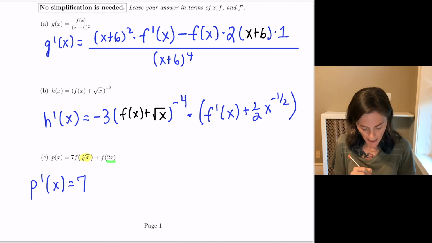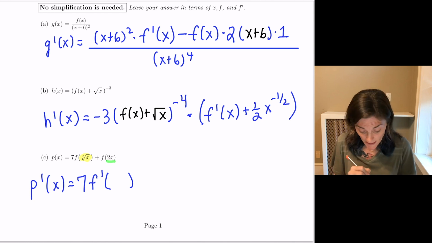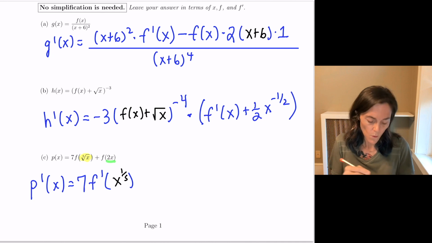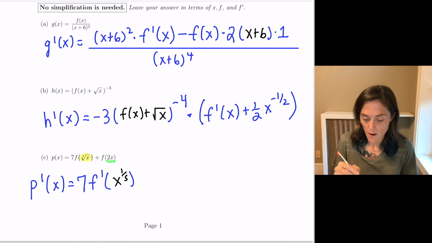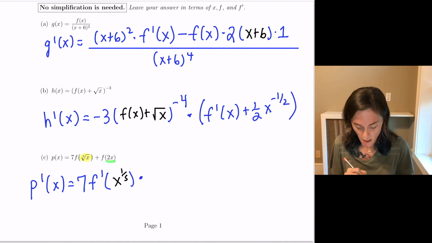Derivative of the outside, f prime. Evaluated at the inside, I put in the entire 5th root, which I can write as a 1/5 power, or you could write it as a 5th root. Either way. Now, multiply by the derivative of the inside function, 1/5 x to the minus 4/5.